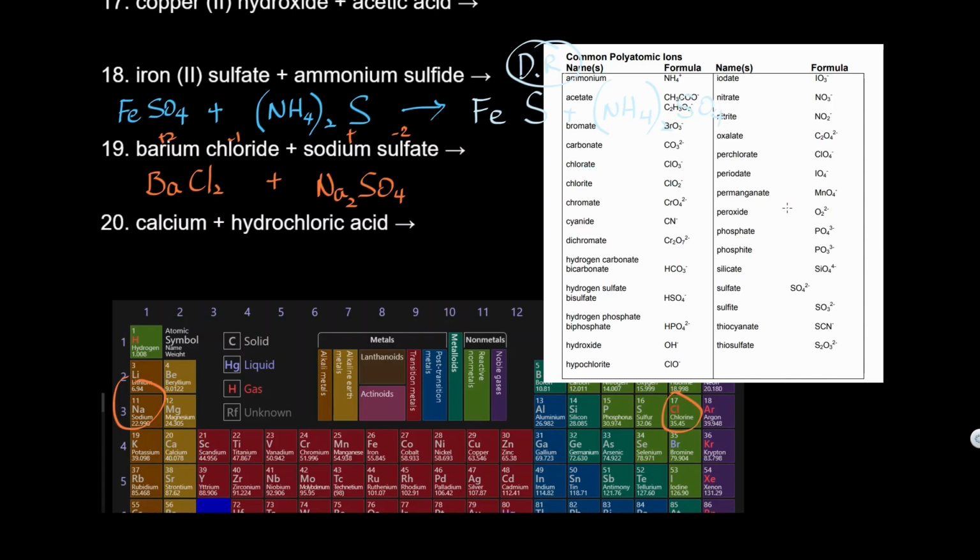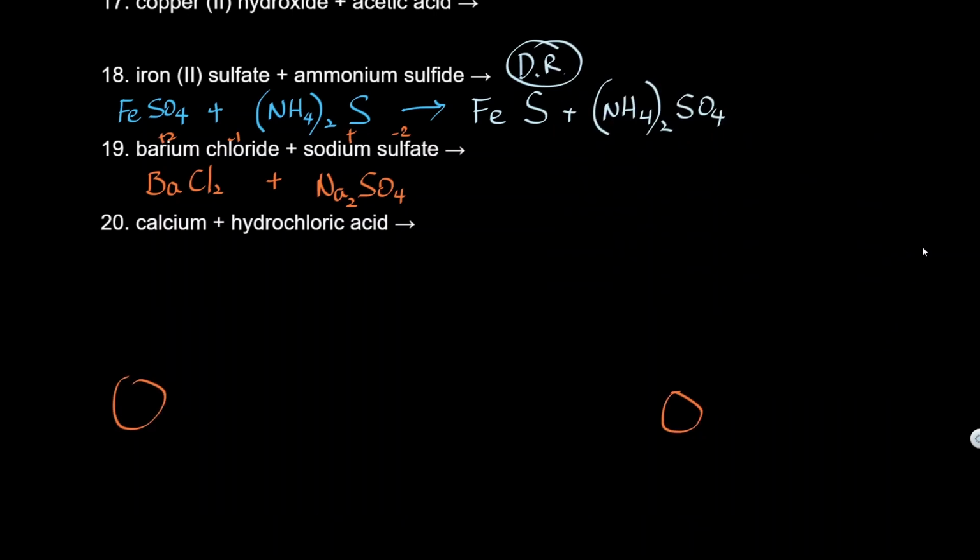Okay. That's going to react. Let me hide these now. So those two are going to react. You guys predict what's going to happen here. Na, that cation will bind with Cl. So you got NaCl here. And then that barium, which is 2 plus, will bind with that sulfate.